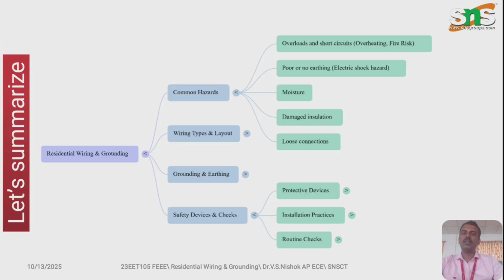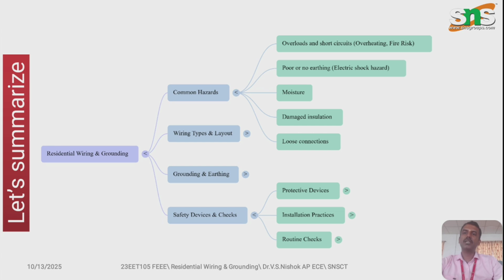That's all. We are going to summarize the topic. What we have seen in this video is residential wiring and grounding. It starts with common hazards like overheating, short circuiting, loose connections, moisture and frayed wires.